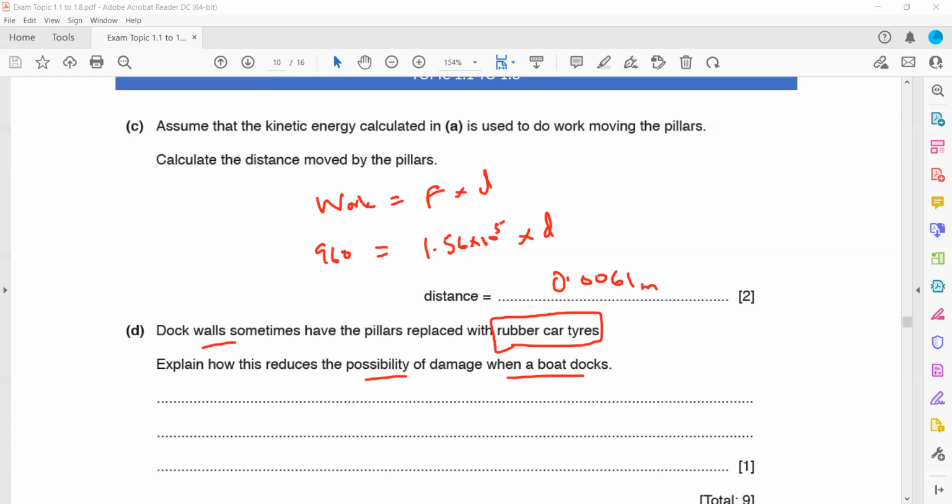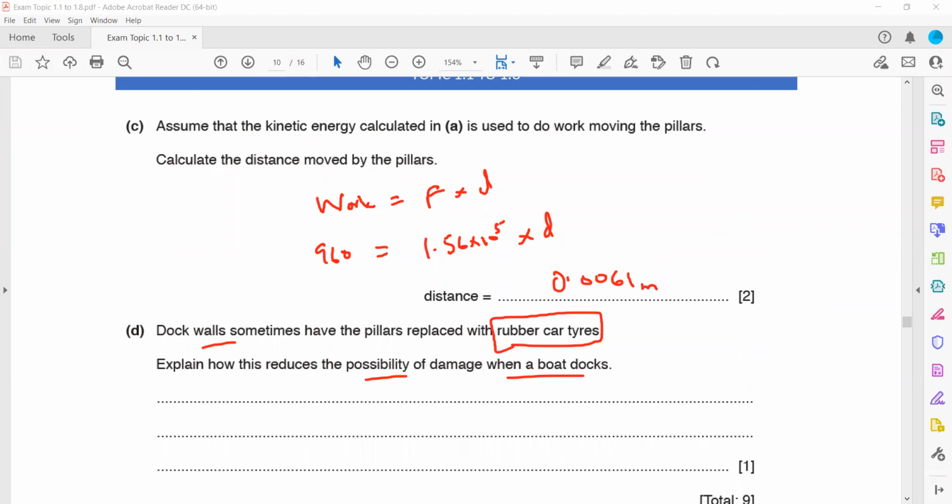So basically, rubber can elastically deform, so it can absorb a greater amount of energy compared to wood. Wood is a rigid material, it cannot deform when an object collides, but rubber is an elastic material, it can deform. So if the object takes a longer time to stop, it will experience a smaller force.